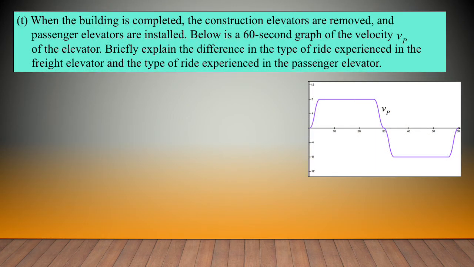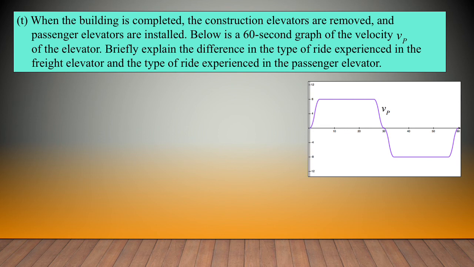Question T, the last question, asks, when the building is completed, the construction elevators are removed and passenger elevators are installed. Below is a 60-second graph of the velocity v sub p of the elevator.